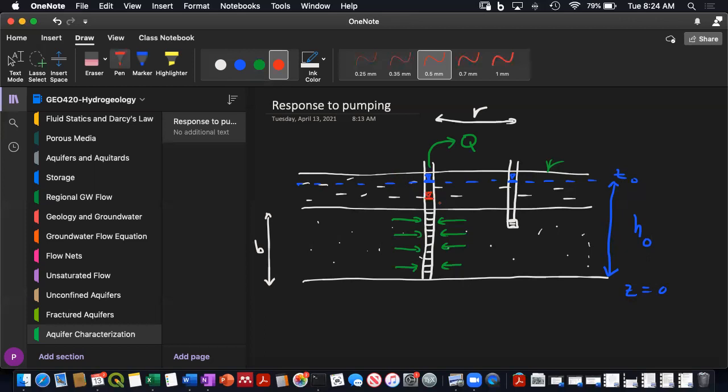All right. And groundwater starts flowing from the aquifer into the well. What we see is after some time t equals T1, this lowered water table should be symmetric on both sides.